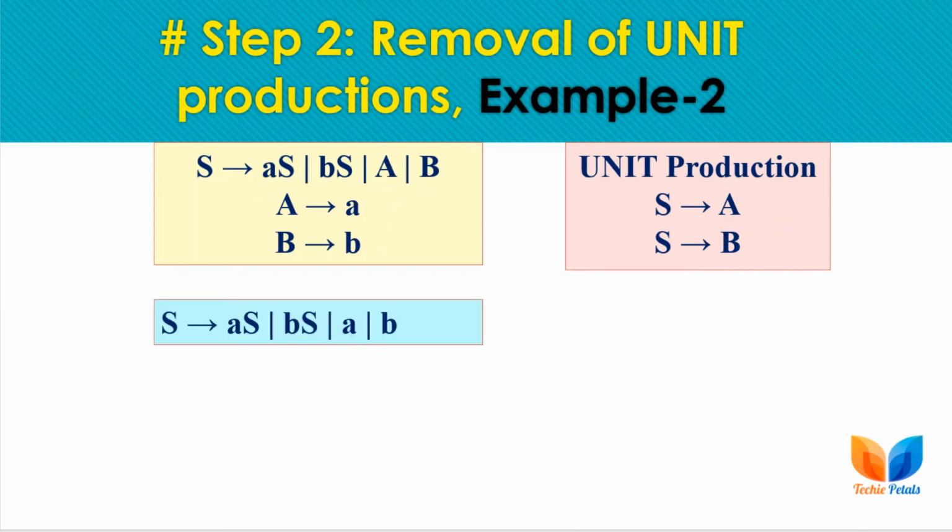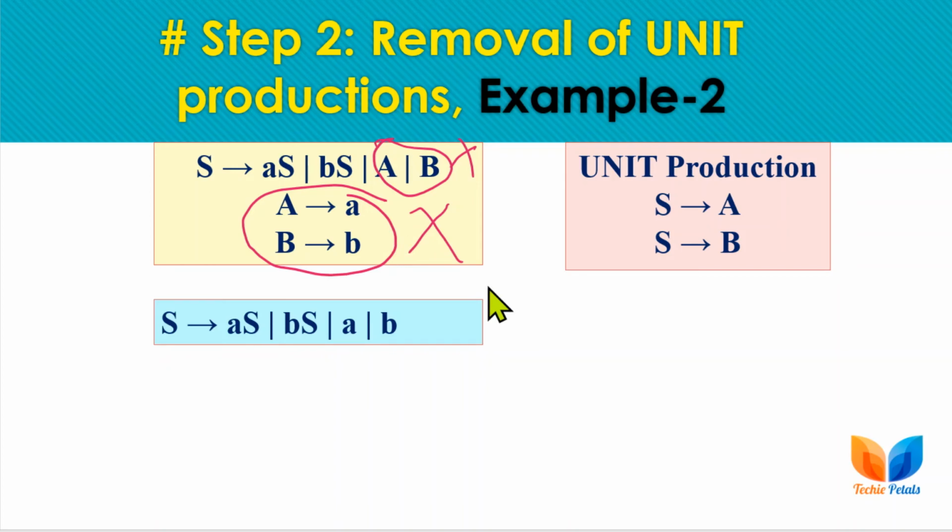So here is a simplified grammar where we have removed the unit production rules S derives A and S derives B. Now after removing these two unit production rules, we can see that these production rules become useless because there is no production rule that can lead to any sentential form having A and B. So if we cannot derive A and B from the start symbol S, then we can say that A and B are useless production rules or useless symbols for this given grammar.